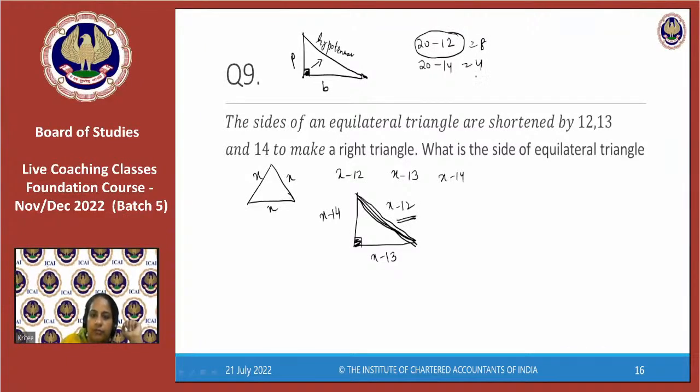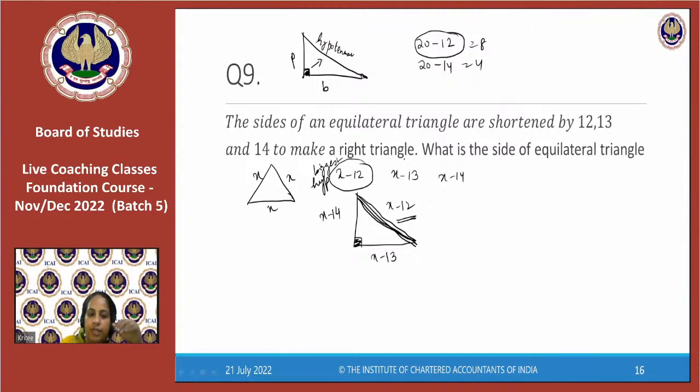It's 8, right? So try to understand this. The bigger number is in the minus direction, so that will make the number the smallest one. So x minus 12 being the biggest number will be my hypotenuse.